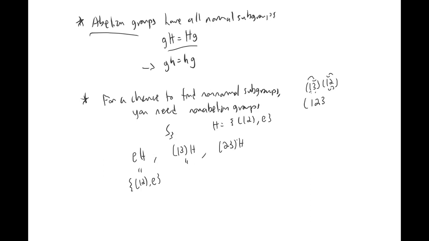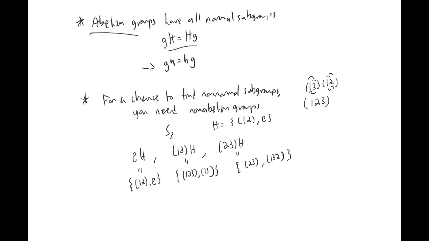So it's this element, (1 2 3), that is (1 3). And you can check that this is the remaining one. Okay, everyone clear on this so far?